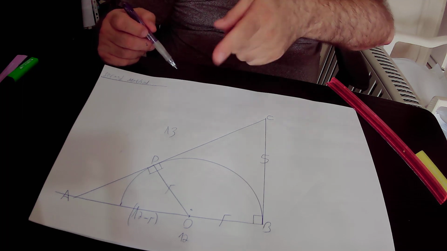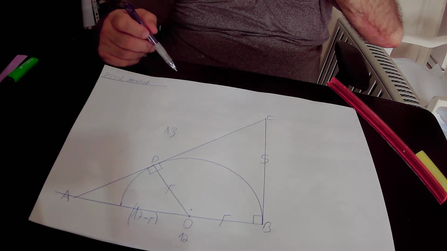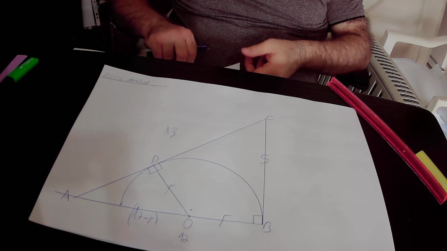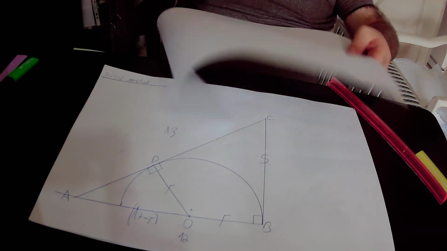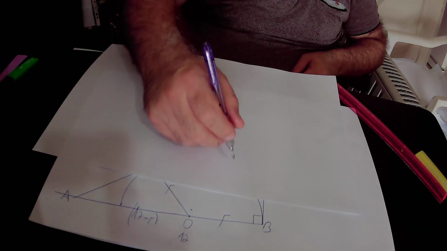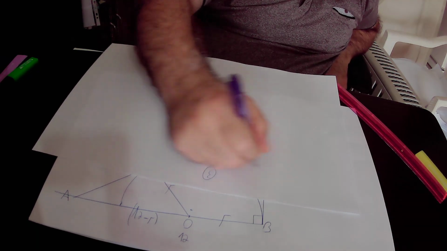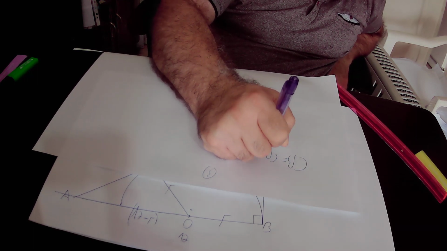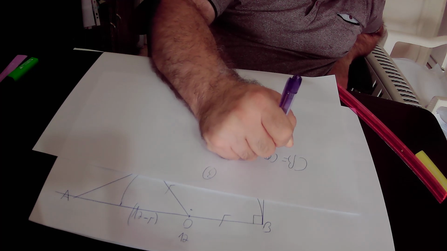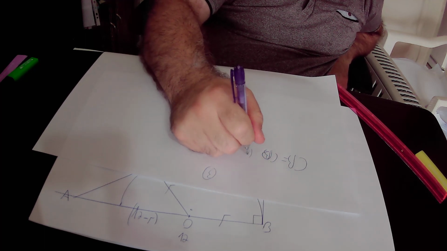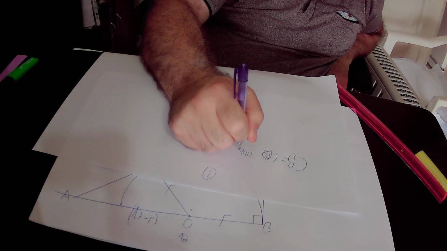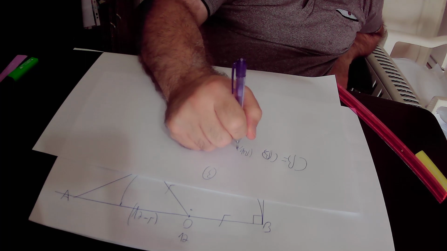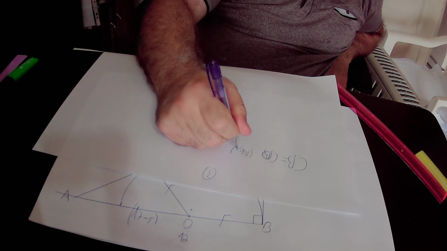CD is tangent to the semicircle at point D. And according to rule number 2, CB equals CD.